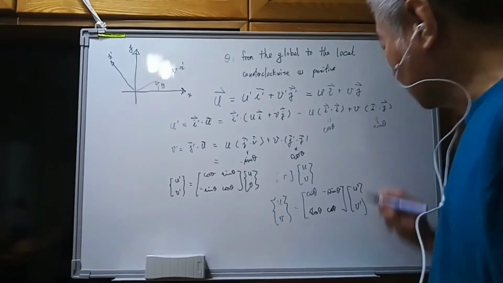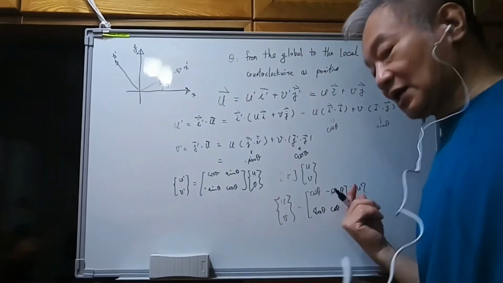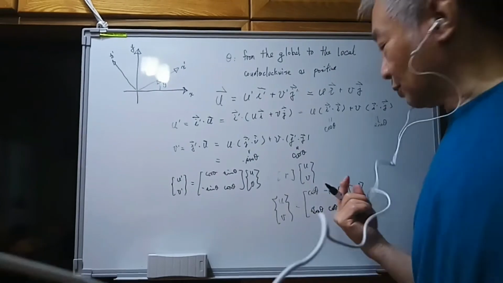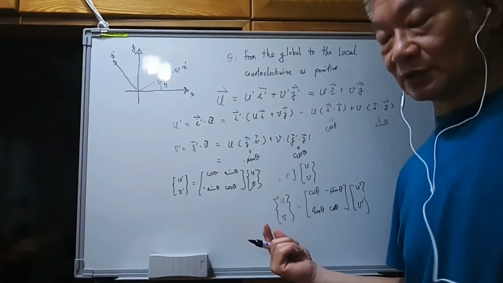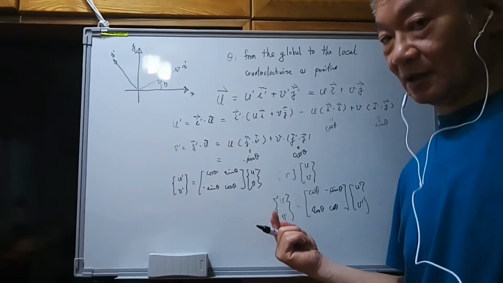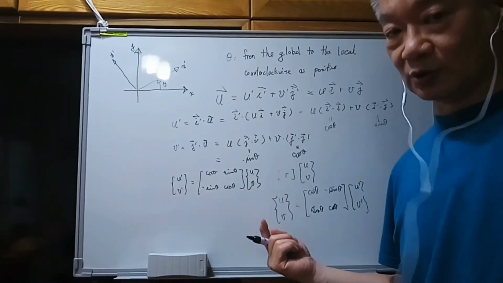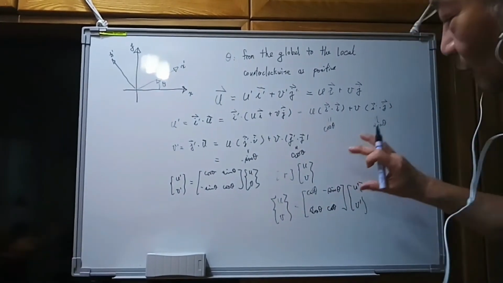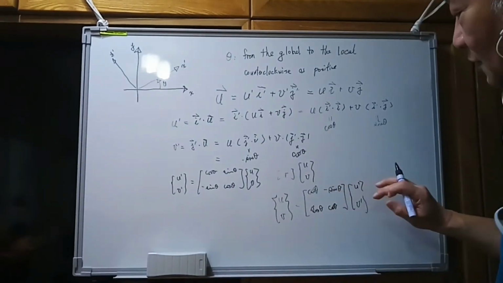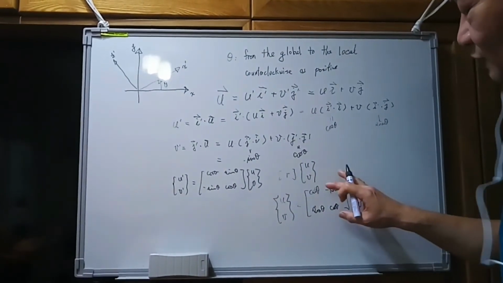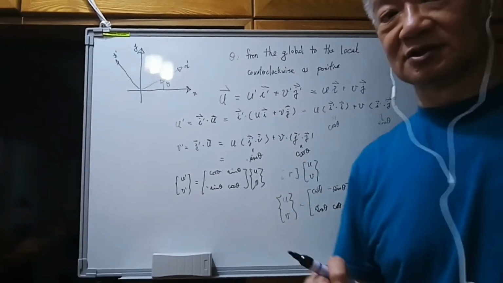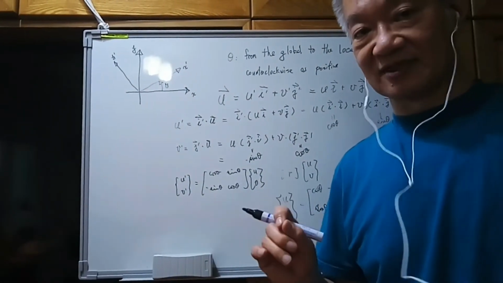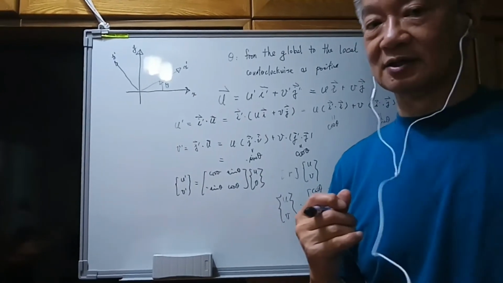Okay. Sometimes if we have the vector components in the local coordinate system and we like to get the components in the global coordinate system, then we need to multiply by this matrix. And you will find for this transformation matrix, the top right corner is a negative sine theta. We got a negative sign here.